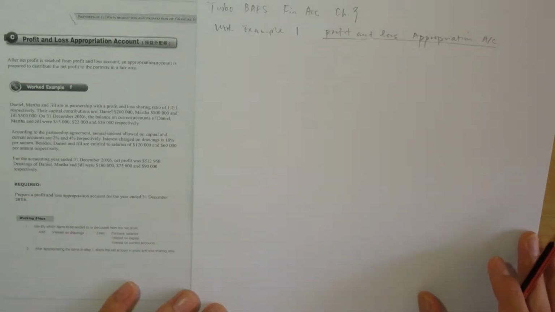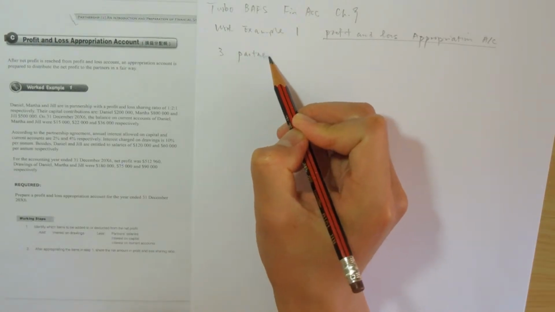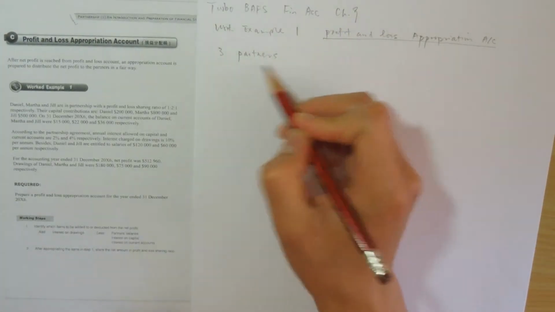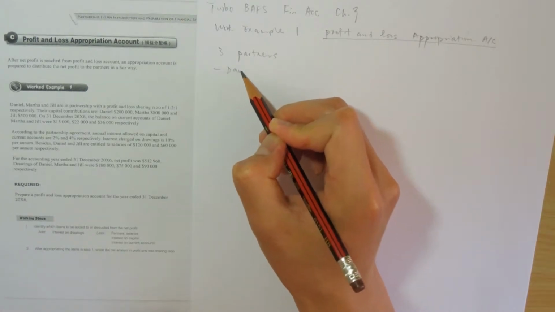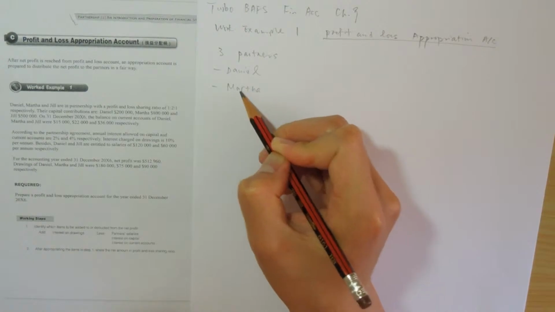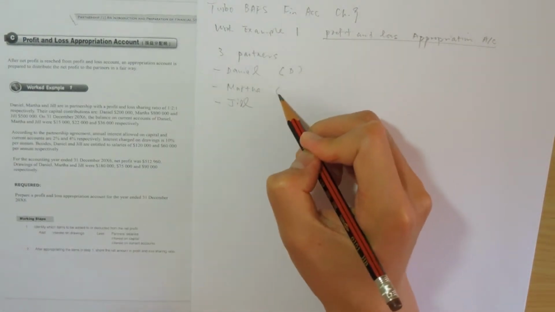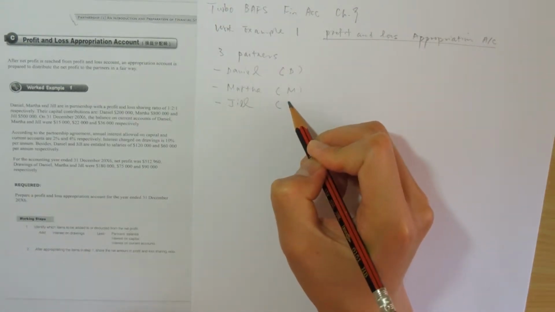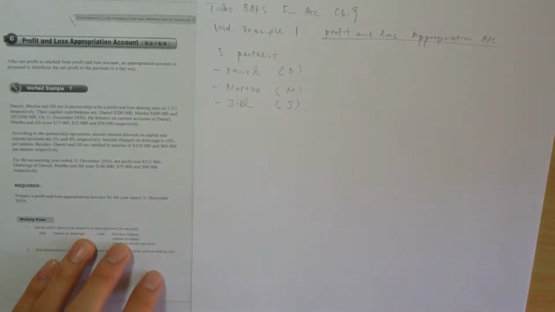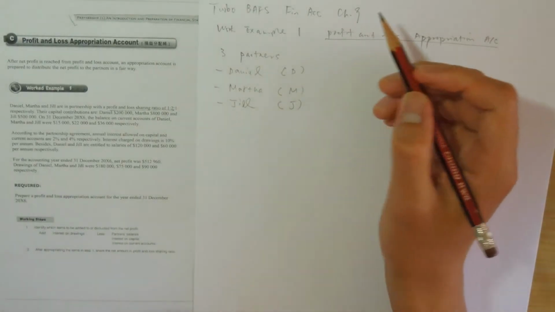In this example, there are 3 partners: Daniel, Martha, and Jill. So I'll just use the first capital letters, DMJ. In this DMJ, the profit and loss sharing ratio is 1 to 2 to 1.